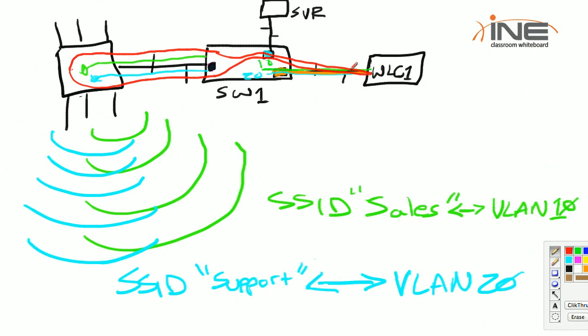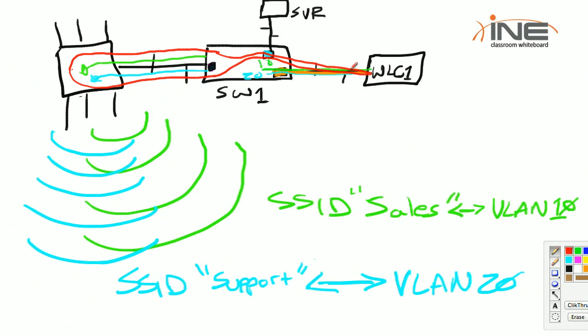And CAPWAP, while it has a number of new features, we outlined those very specifically in one of the slides. And I'll bring it back up at some point here. But the differences in UDP port, the differences in the fact that not only the management and control frames are encrypted, but also the data is encrypted as well. So the differences we've already outlined, and it is probably going to be important that you understand both.